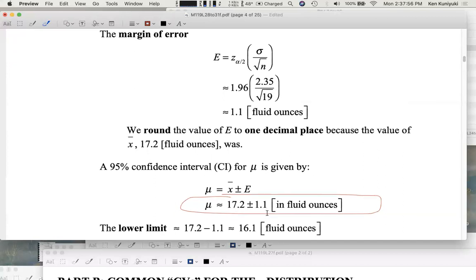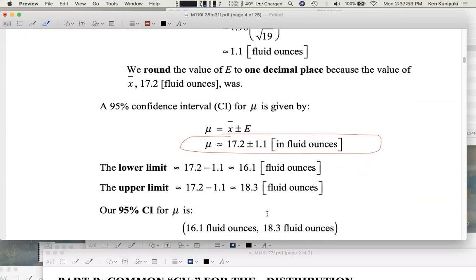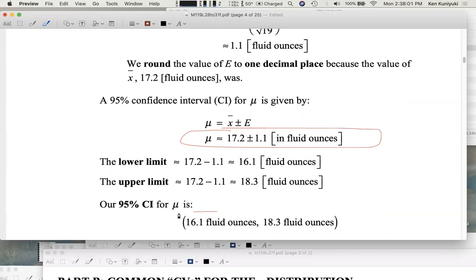If you work these limits out, then we can write this confidence interval in actual interval form, where we have the lower limit, where we subtract the margin of error from the sample mean. 17.2 minus 1.1 was 16.1 fluid ounces. And then the plus case, we need a plus sign here, 17.2 plus 1.1 was 18.3 fluid ounces. And again, that was our 95% confidence interval for mu. And it was centered at the sample mean.